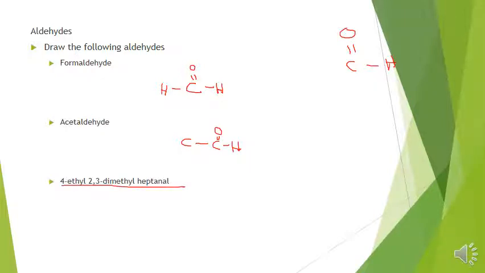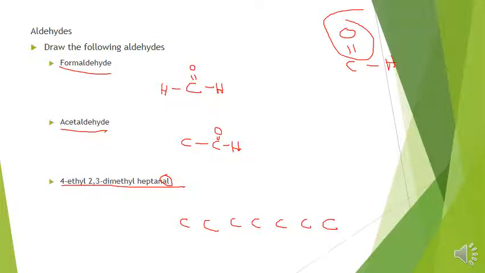So this guy, let's draw this out. These are special names. Now, if you don't have a special name, you have to use the scientific process. So there's six carbons, 7. Since the "al" tells you it's an aldehyde, it has a double-bonded O at the beginning or the end. I will put it over here.